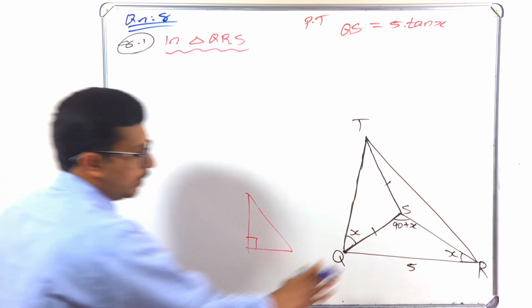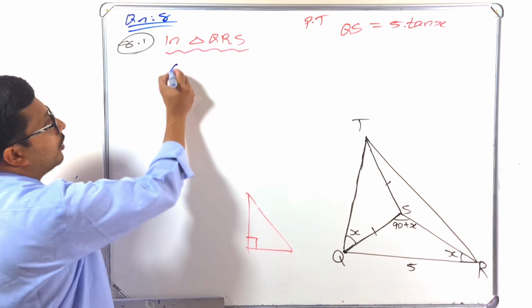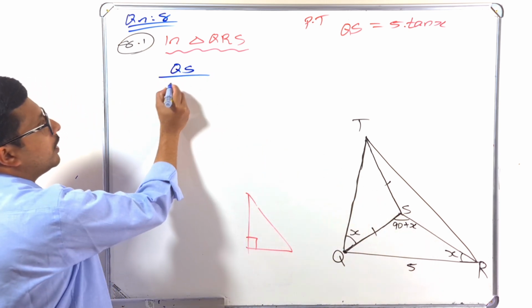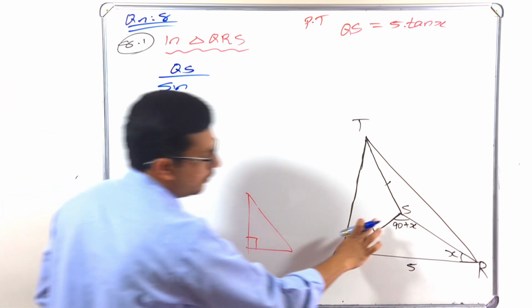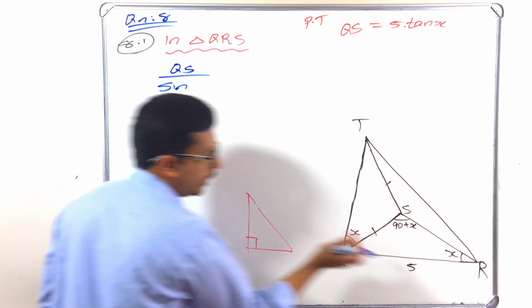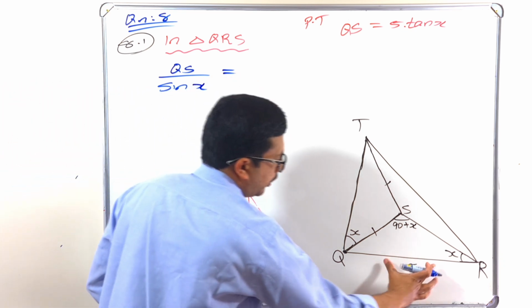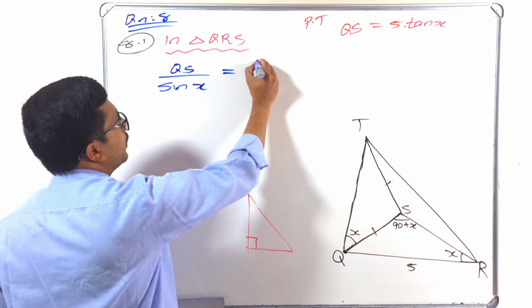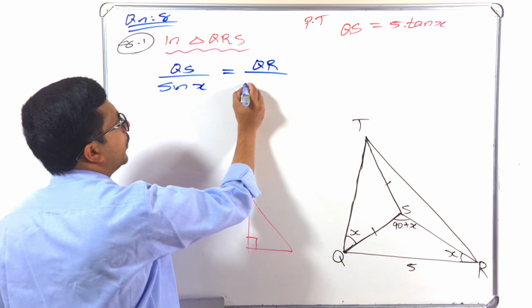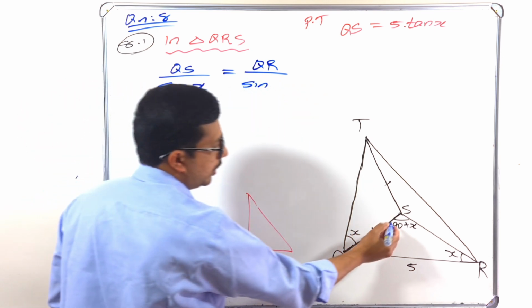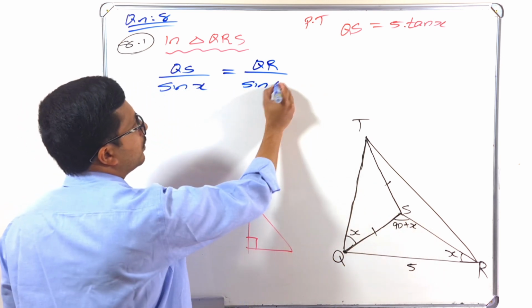So this QS divided by sine of the opposite angle. What is the opposite angle of QS? X. So sine x is equal to QR, we know that, let's write that one, QR divided by sine of this angle QSR.